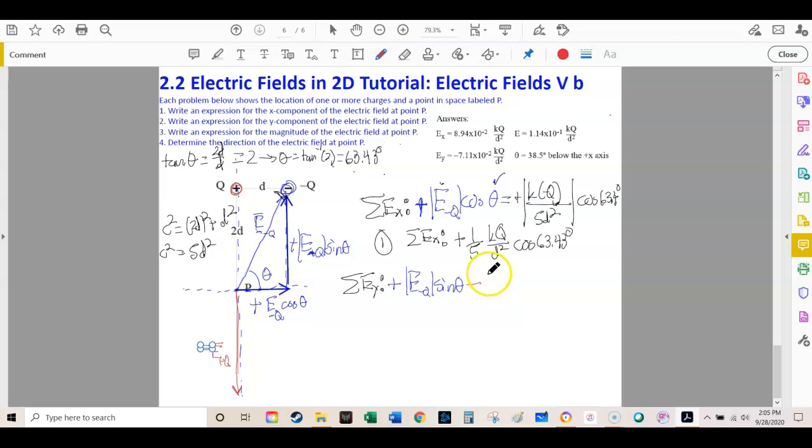So that's going to be E, and it's just positive Q without any sines or cosines, right? Because this is just pointing along in the y direction.